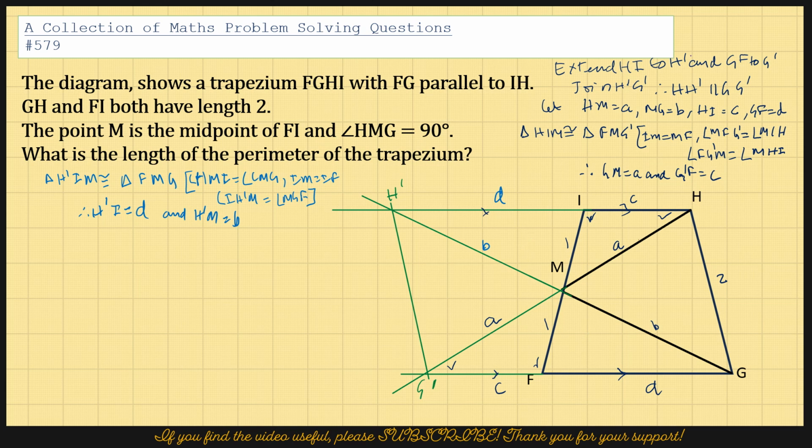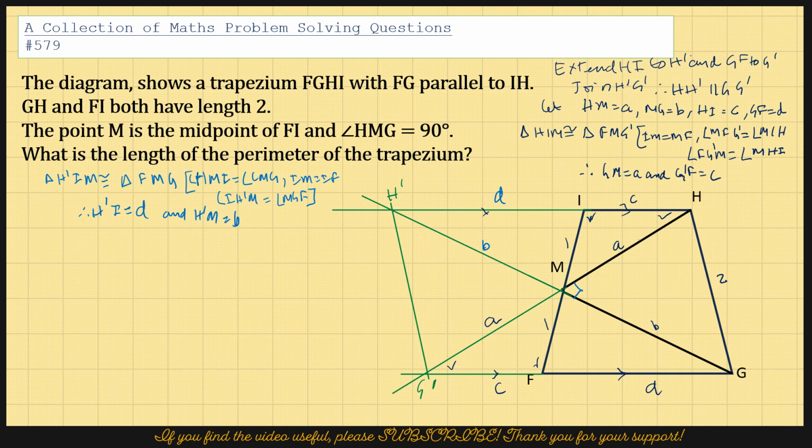So now what comes out of this is that H dash G and HG dash are diagonals of H dash HG G dash, and we can find out very easily that these diagonals bisect each other at right angles.